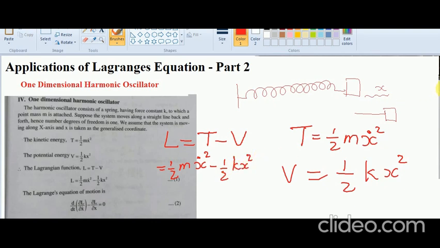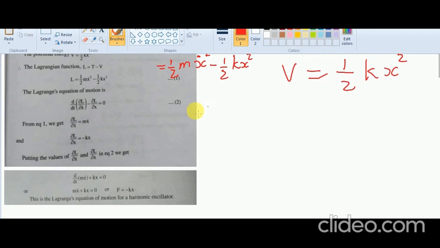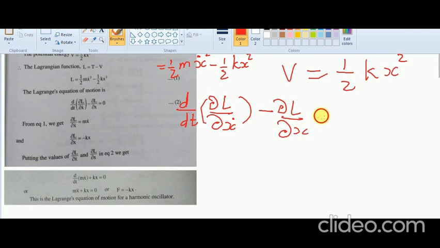Now we have to apply this in Lagrange's equation. What is Lagrange's equation? d by dt of dou L by dou x dot minus dou L by dou x equal to 0. So the first bracketed term is dou L by dou x dot.